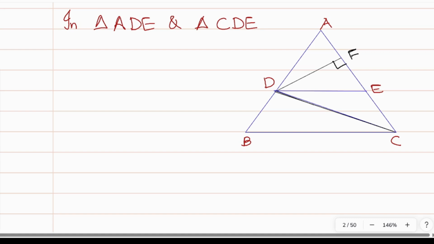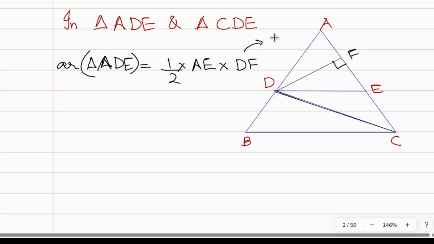Therefore, if I want to find area of triangle ADE, what is the area of the triangle ADE here? Area of triangle ADE equal to, using DF as the altitude, half into my base AE into DF. This one I will give as equation number 4. Then again I want to find area of triangle CDE.